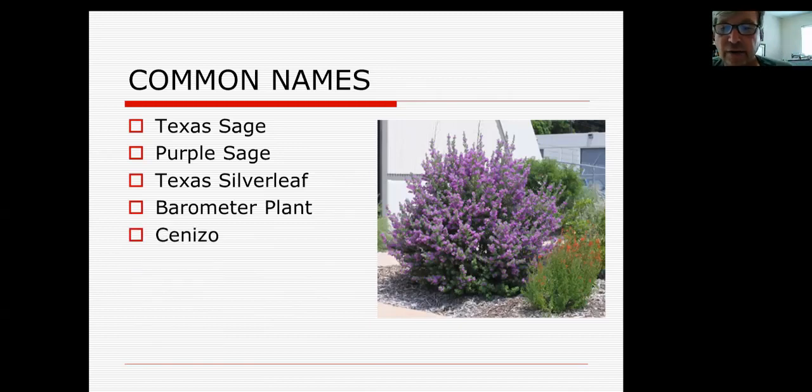I've heard it called Texas Ranger. I've heard it called Cenizo. But if you want to make sure you're getting the right plant, it's Leucophyllum frutescens. So that is the scientific name, the genus in the front, the species in the back. The genus is always listed first and it's capitalized.